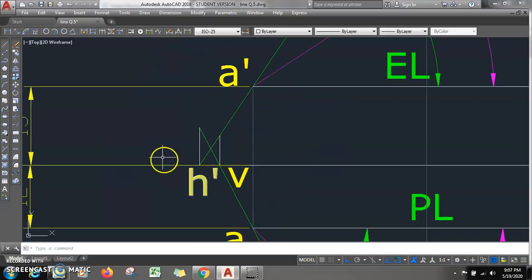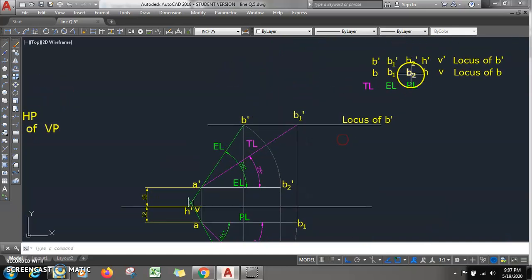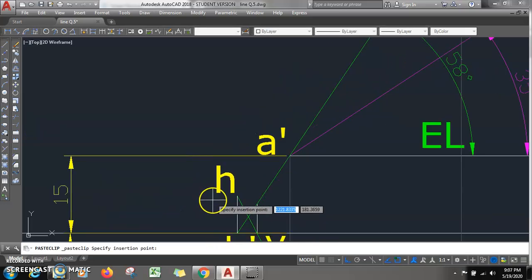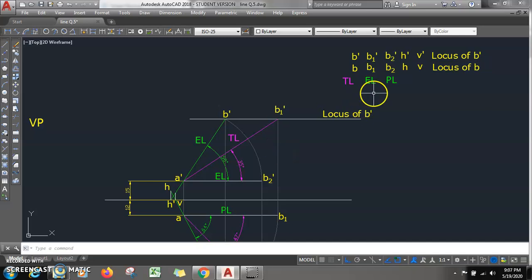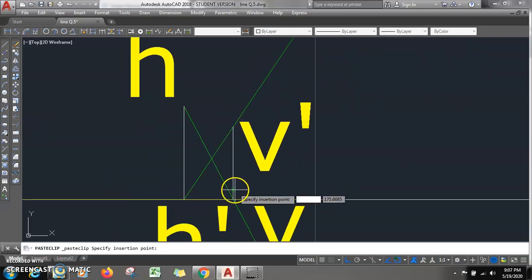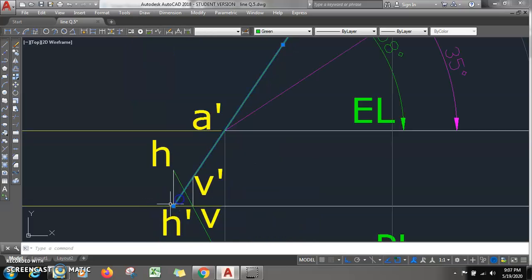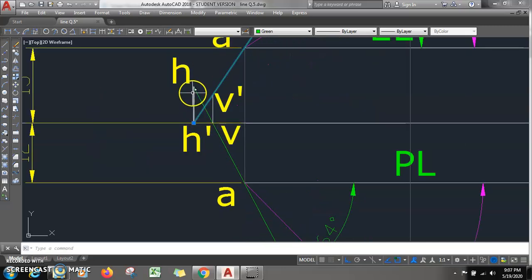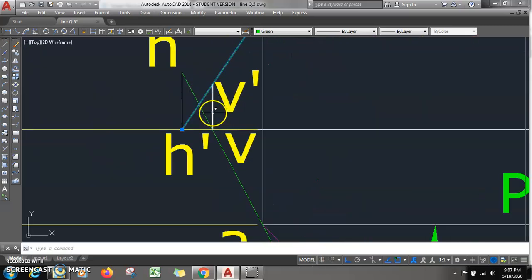This point is H, and this point is V dash. So you see H dash, V dash, A dash, B dash lie on the same line, and H, V, A, B lie on the same line. So this is my VT and this is my HT.